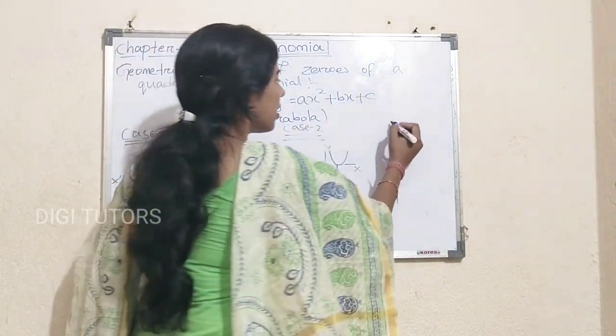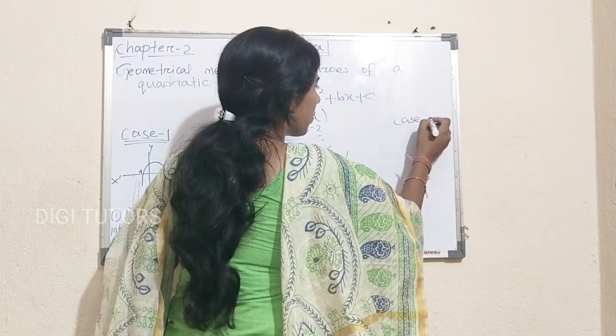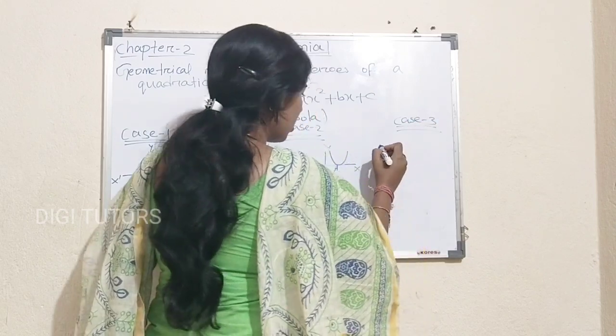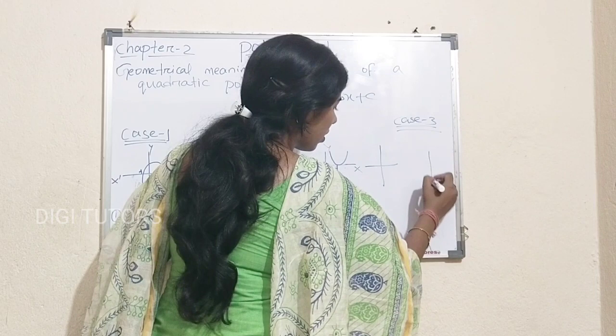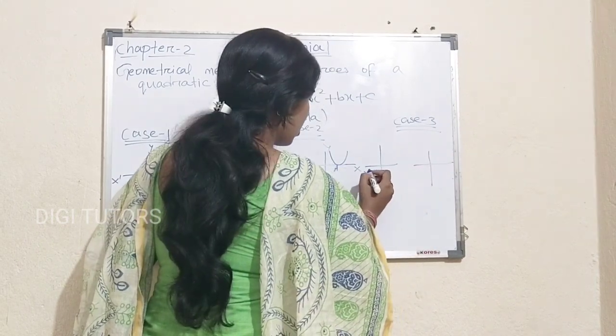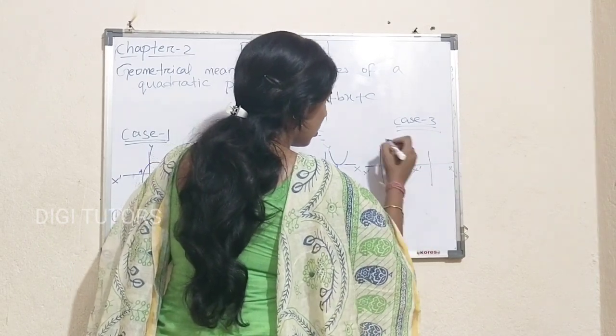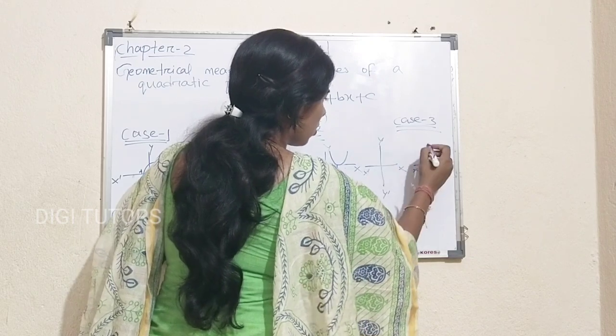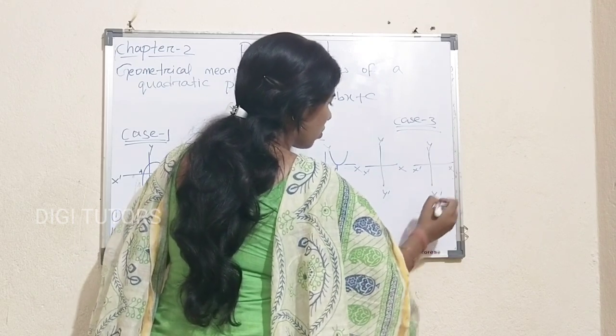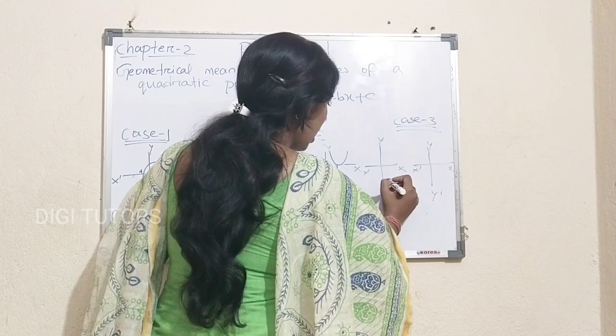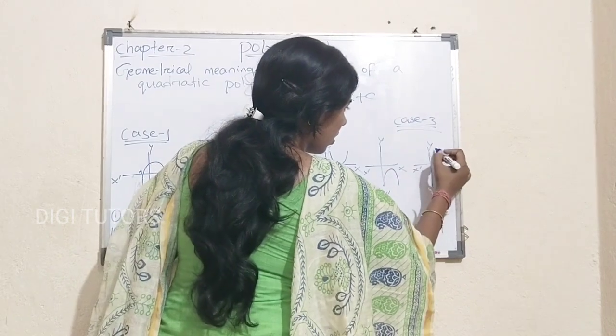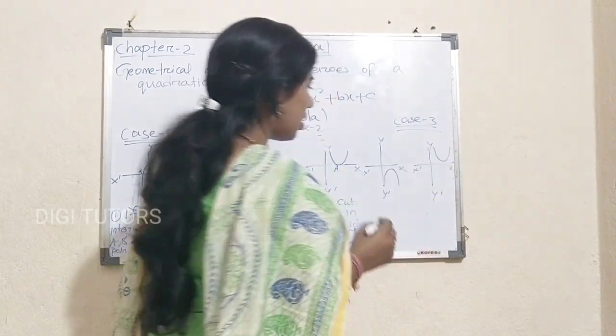The third one is case 3. In case 3, see the graph: x dash x is the x-axis and this one is the y-axis.